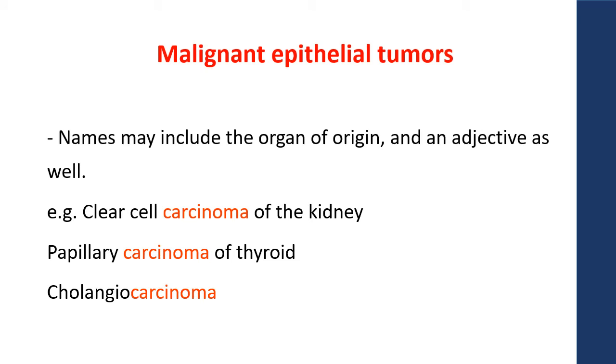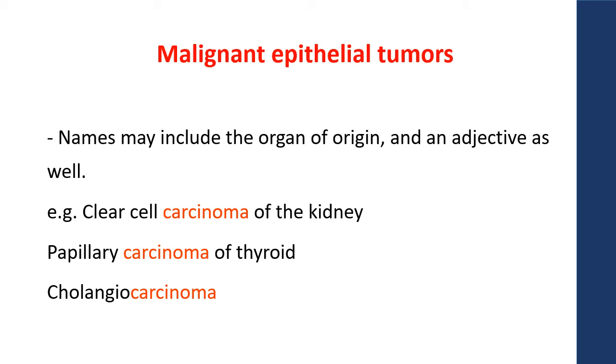Sometimes we add an adjective as well. How? If we have a tumor composed mainly of cells with clear cytoplasm, we call it clear cell carcinoma, like those of the kidney.